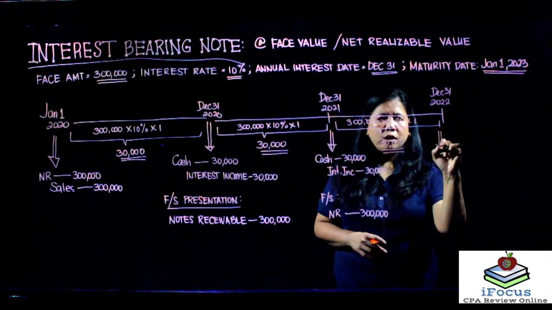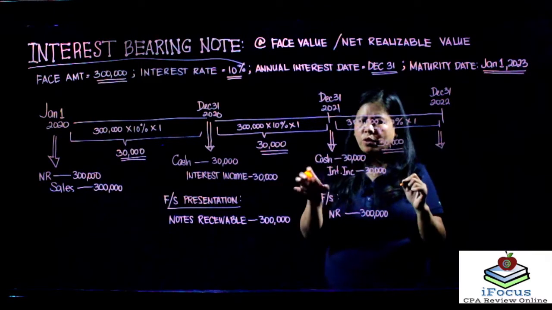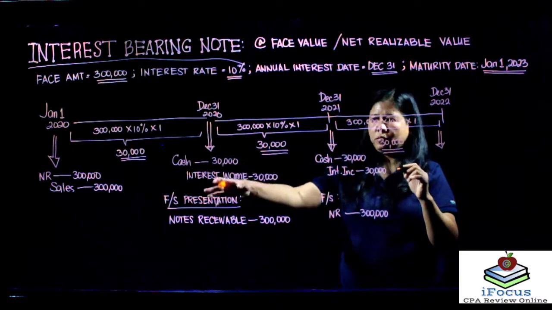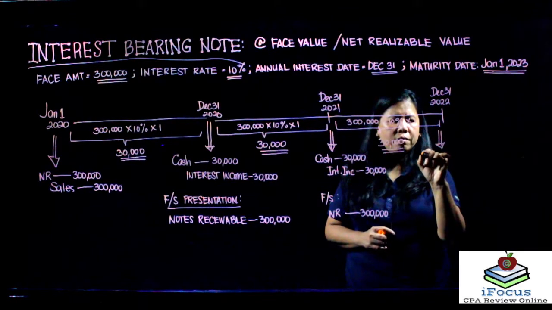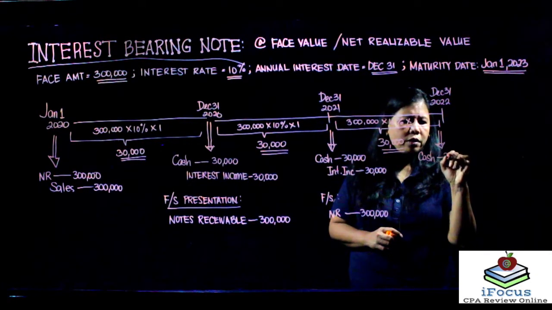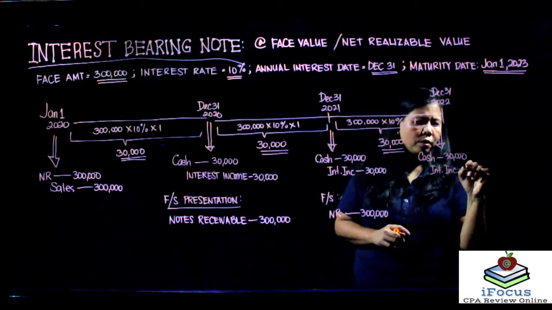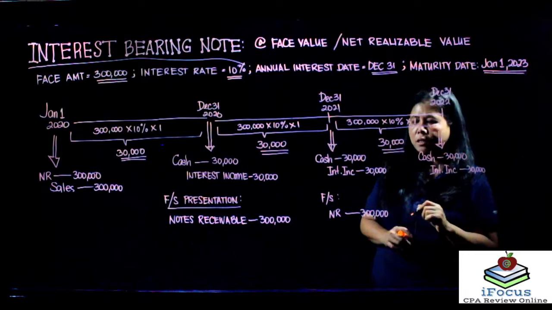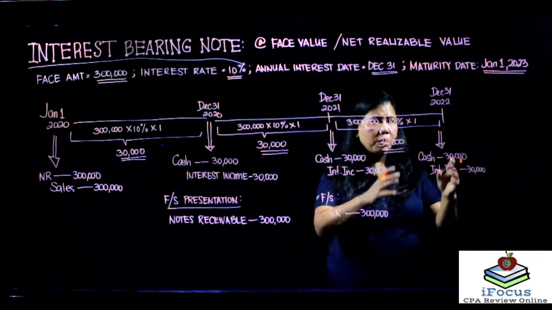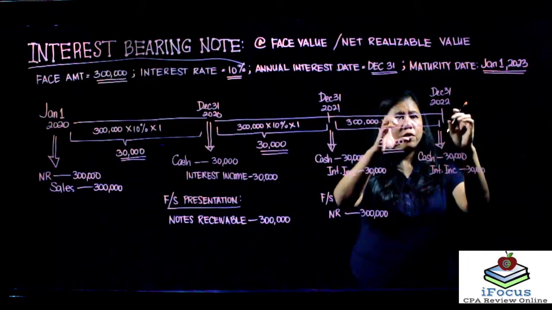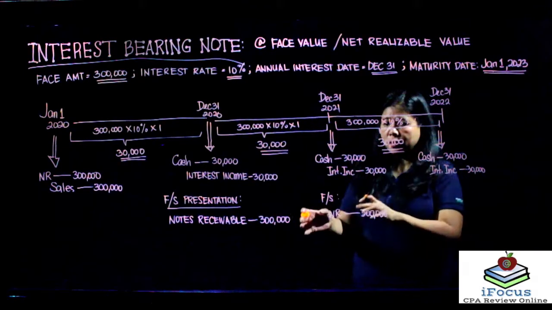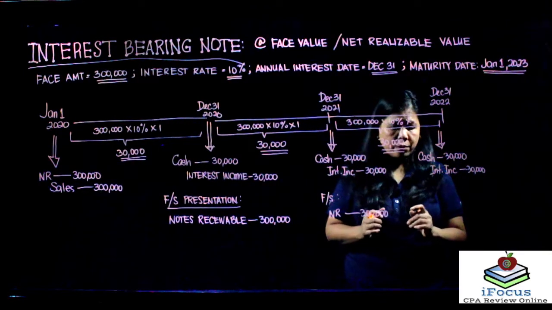So your entry here is the same as your entries on those prior interest income. So we have debit to cash of 30,000 and credit to interest income of 30,000. All right, and your financial statement presentation on December 31st, 2022 is still the same. Notes receivable of 300,000.